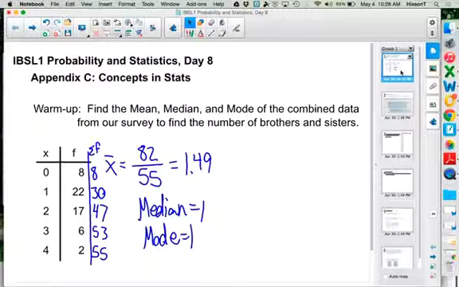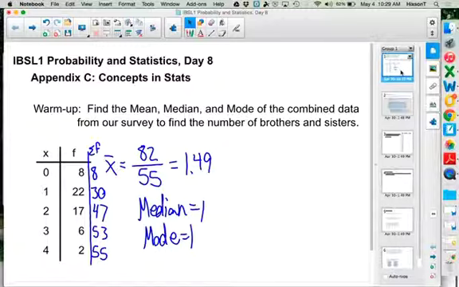All of these 1s are minus 0.49s. All of these 2s are a plus 0.51. All of the 3s are a plus 1.51, and the 4s are a plus 2.51. If you added all those up, what would you get? Shouldn't you get 0? You should get 0.